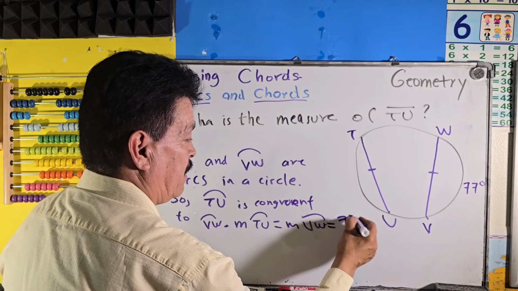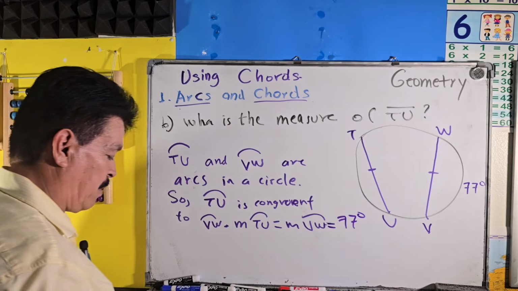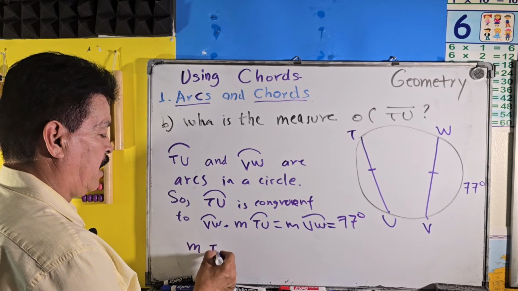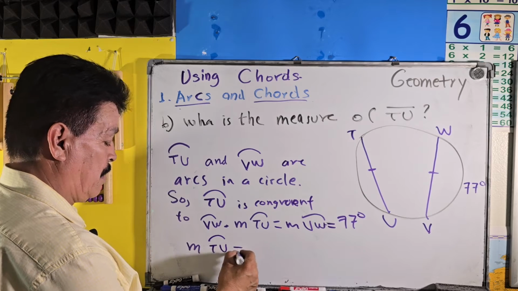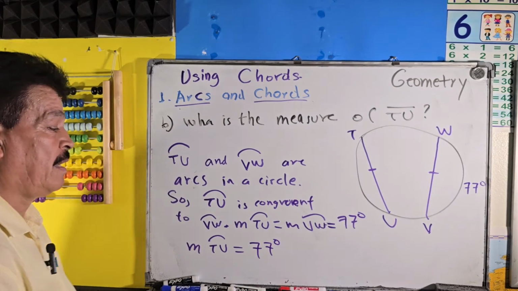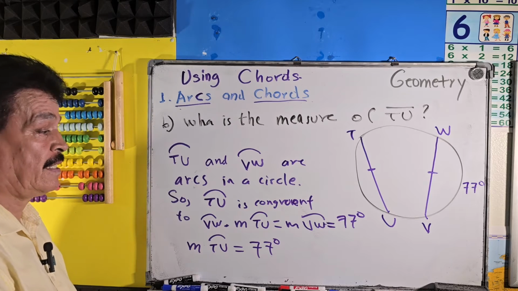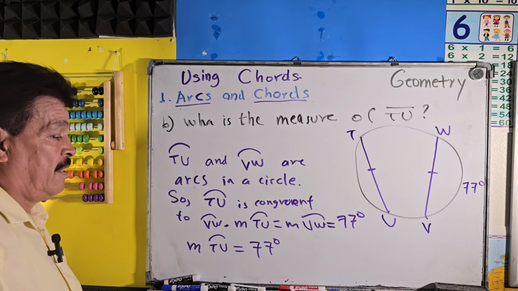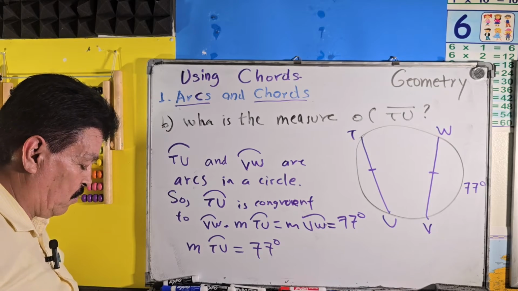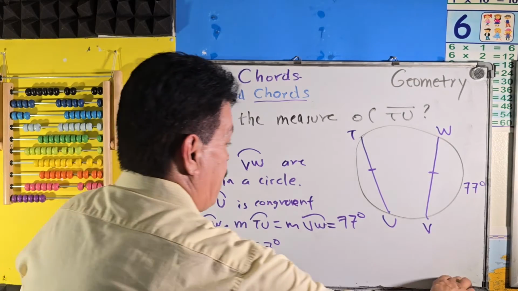So it equals 77 degrees. You have it already over there. So the measure of arc TU equals 77 degrees. Perfect, that's the solution to our problem.